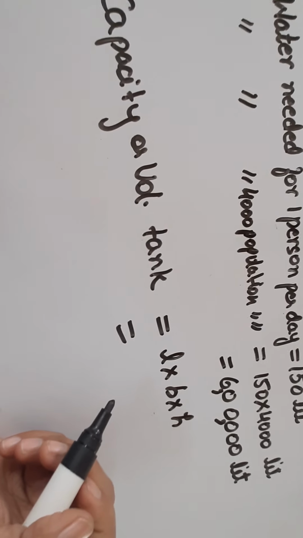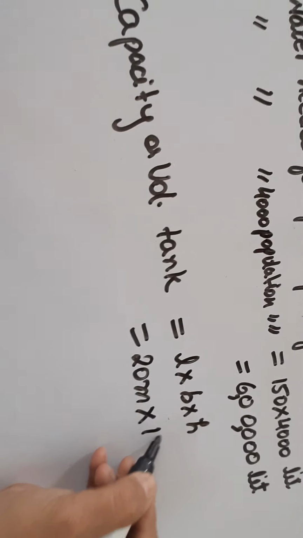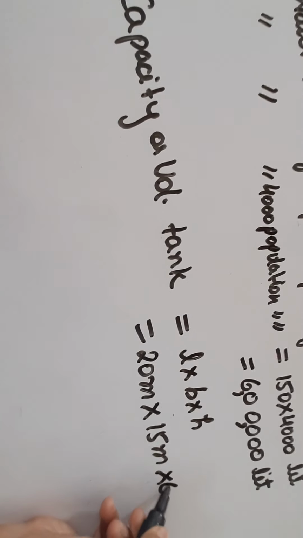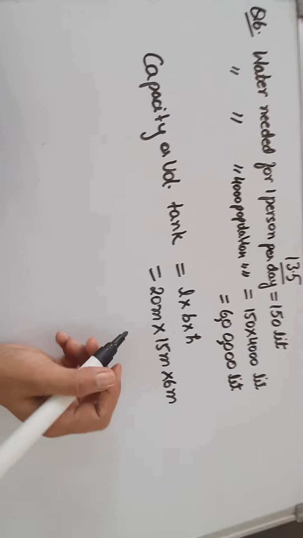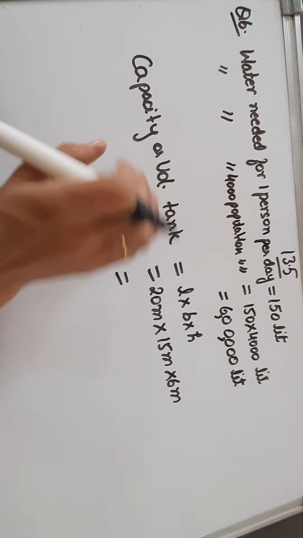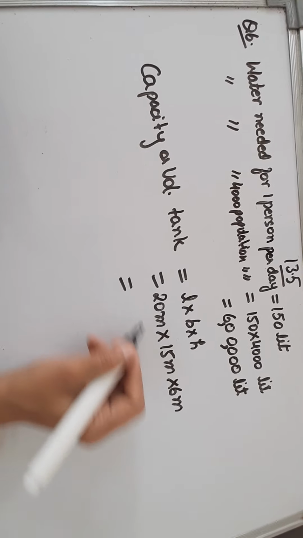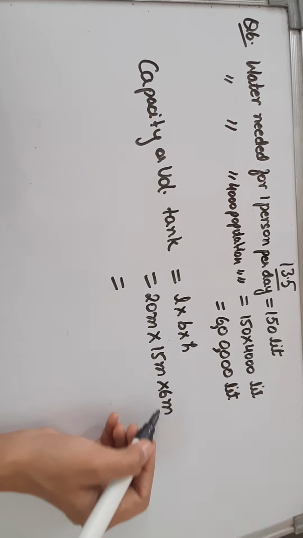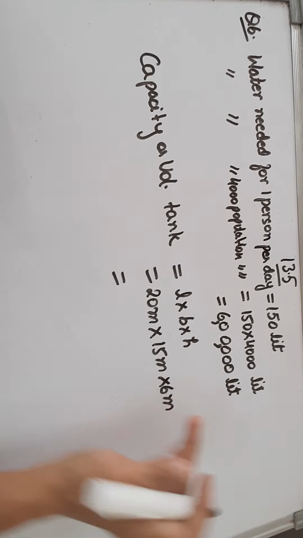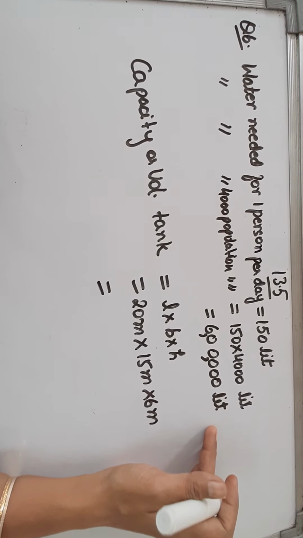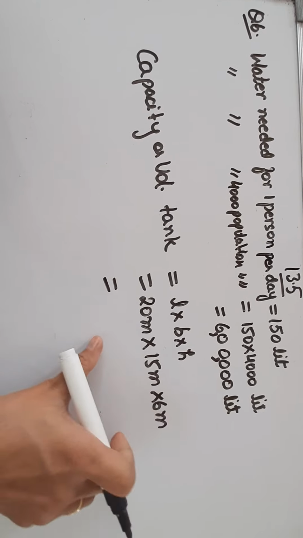So length is given to us as 20 meters, breadth is 15 meters and height is 6 meters, right? So let us calculate the quantity of water which is there in the tank. But when you calculate it, dear students, you will get the answer in cubic meters, and the capacity which we need for the whole population is there with us in liters. So we need to calculate it.